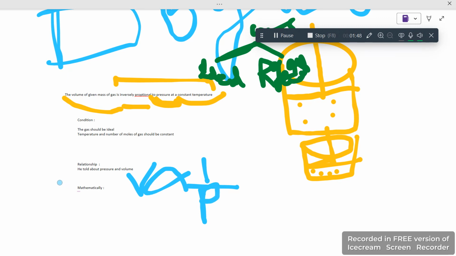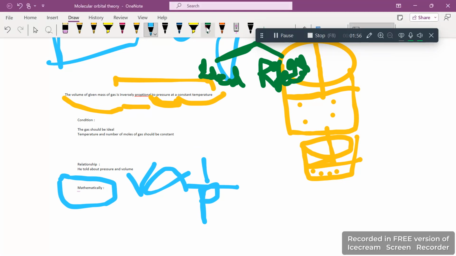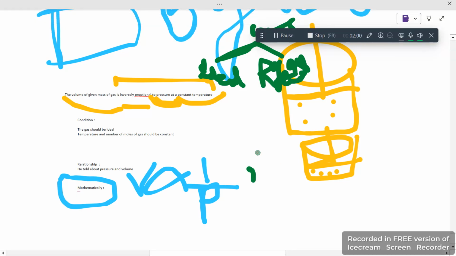This would be its mathematical form. So this should always hold, and we just discussed that here temperature and number of moles of gas should be constant. So that's very clear.